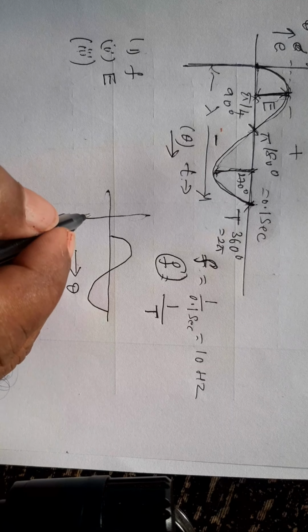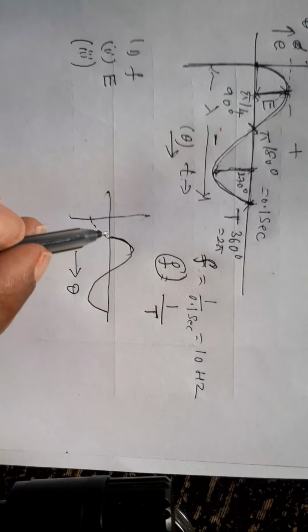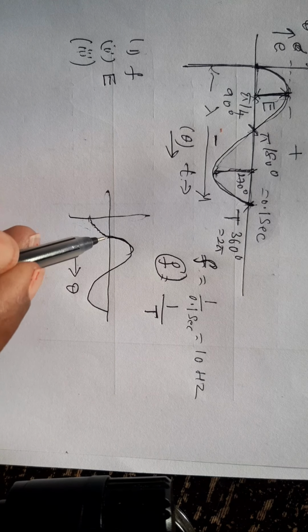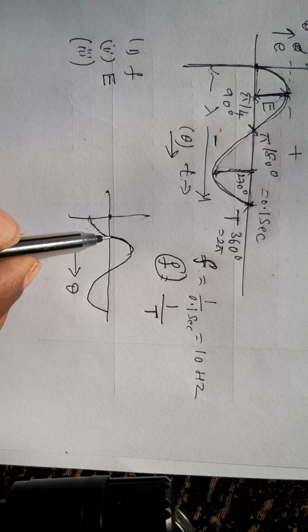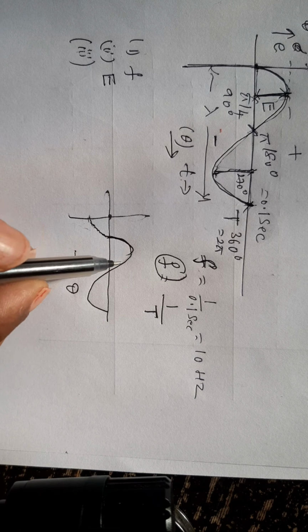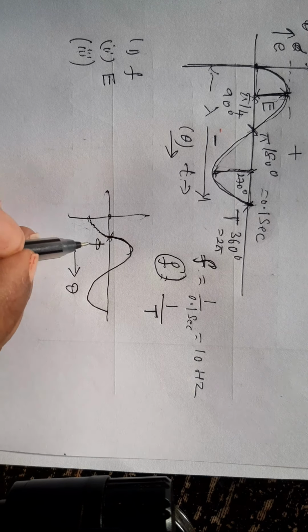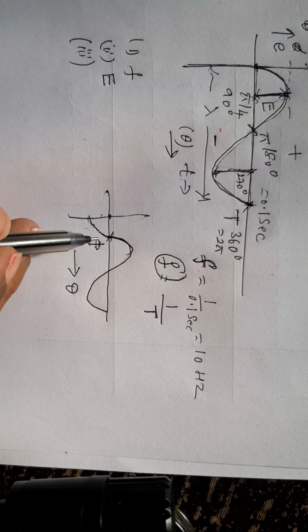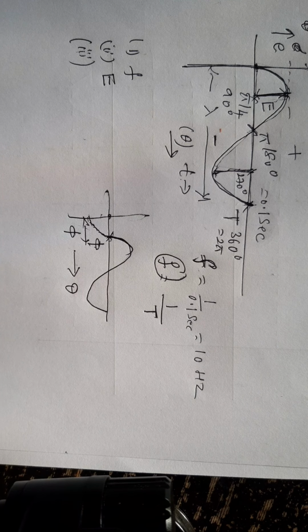Now see this wave. This wave does not start from the origin. It starts after some angle, and the wave is obtained. Let this angle be pi. Pi minus 0 is pi. This angle is called the phase angle.